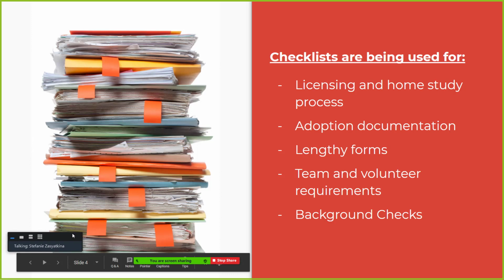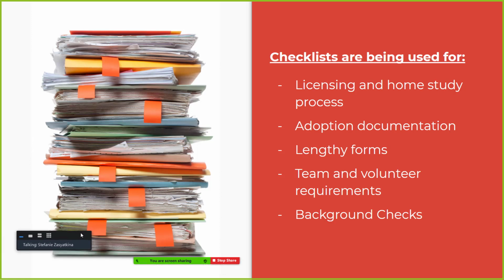I've seen agencies, the post-adoption reports a lot of times are lengthy, but we've got some agencies doing autobiographies in the checklist, and I think that is one of the longest ones. Application forms are also very lengthy. There's just a lot of information being collected that can be linked onto checklists.